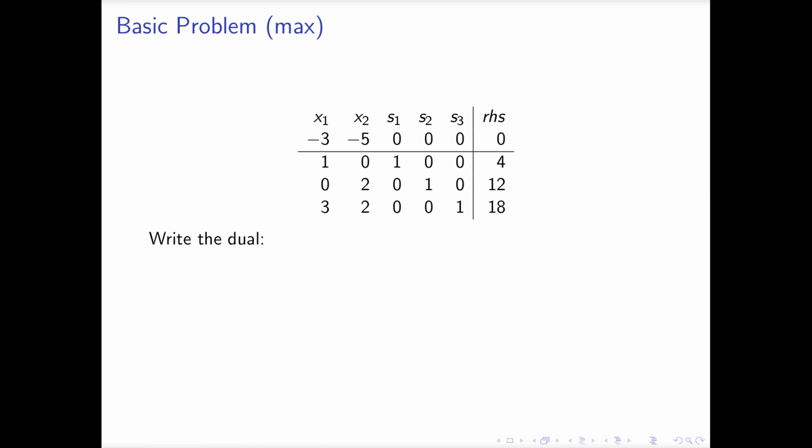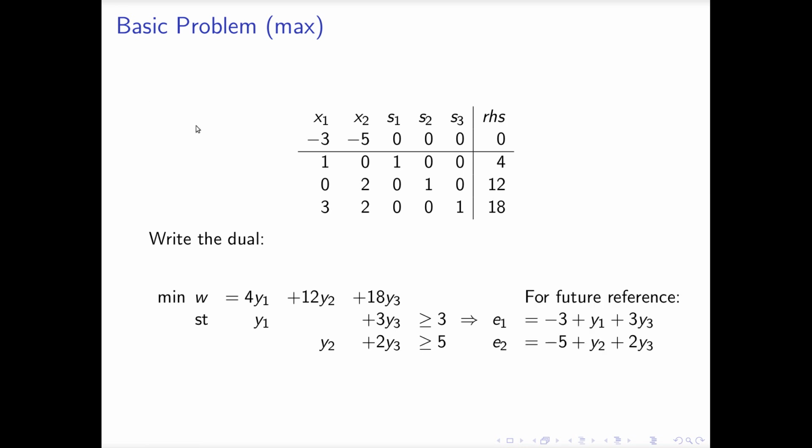When I have this tableau, I can write out the dual problem as you see here. Given that y is equal to our usual CB transpose B inverse, and given that I know y1, y2, and y3, I'm going to be able to compute E1 and E2 using these values. That's how I'll compute the solution to the dual once I have my basis B.